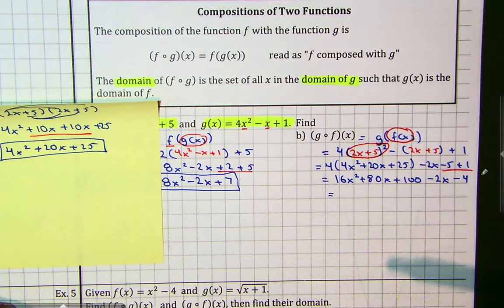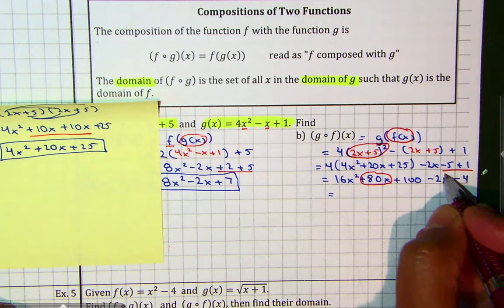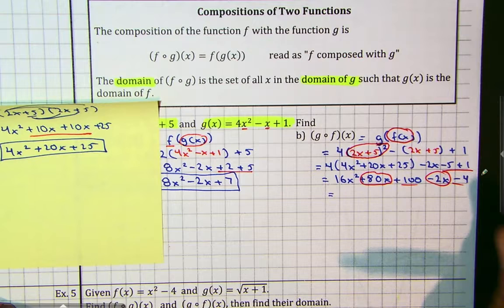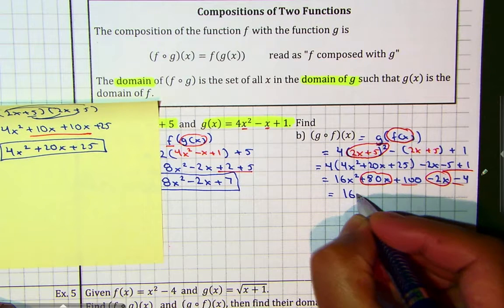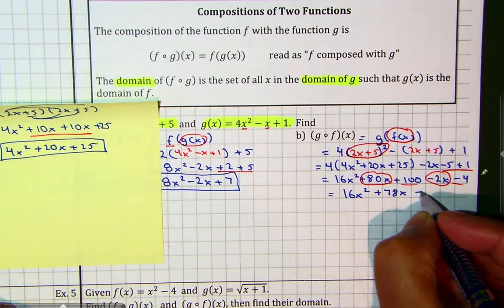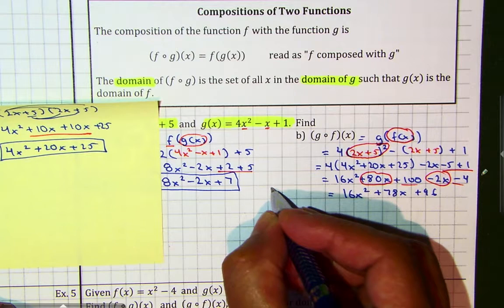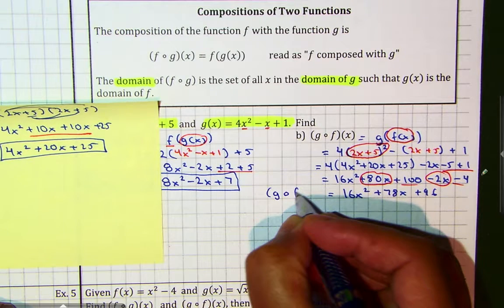And now I can combine like terms, so therefore combine my x's and combine my constants. So we have 16x squared plus 78x plus 96, and the notation is g composed with f of x.